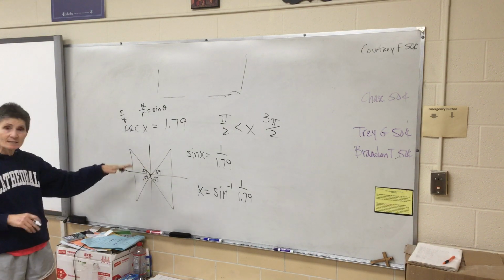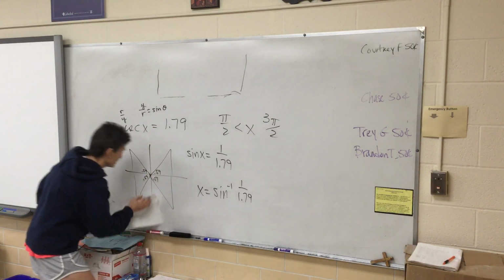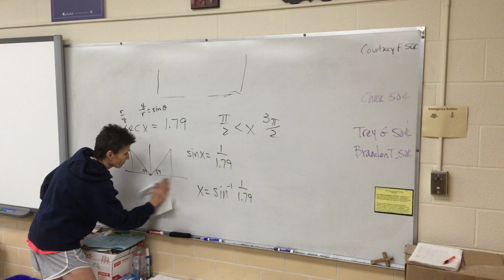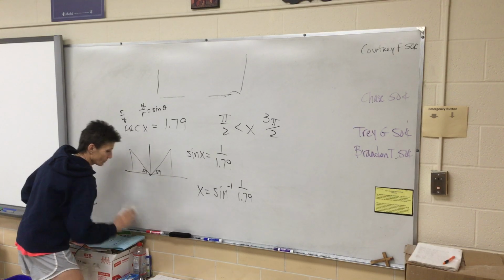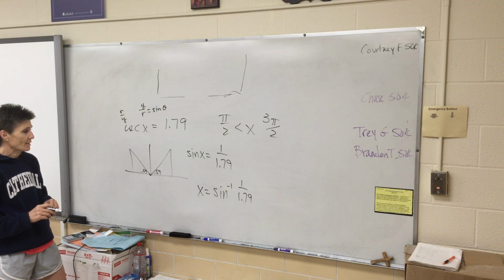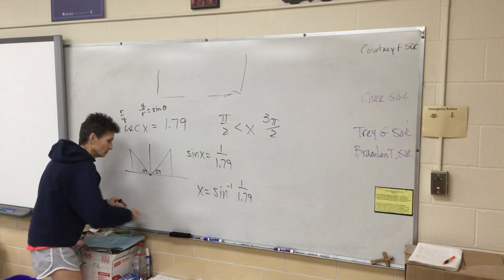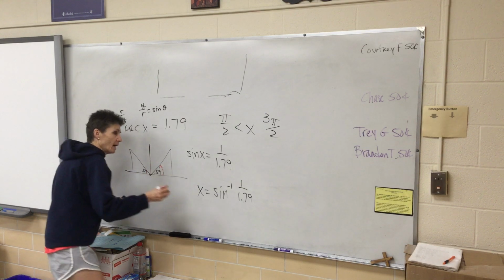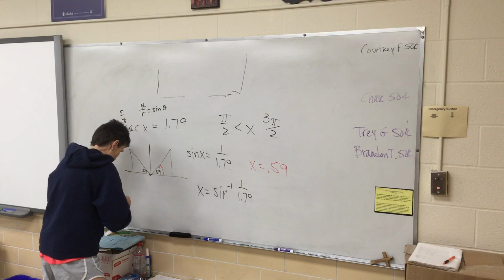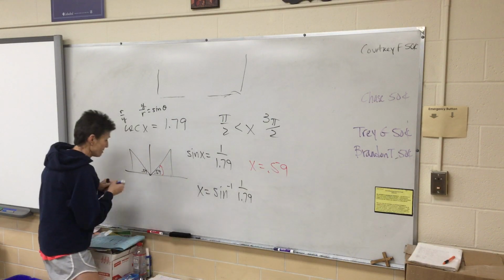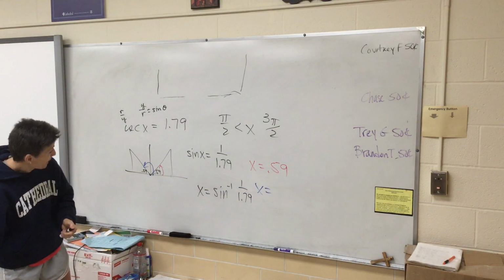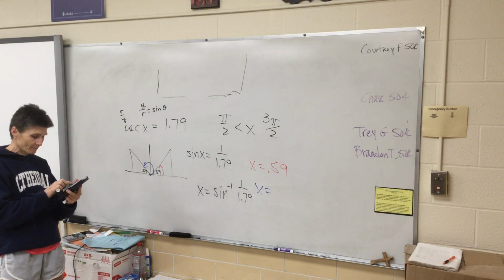So the only places that y is positive are the ones on the top. Those are the only places that y is positive. So my answer would be 0.59 or the blue one, which is pi minus 0.59.